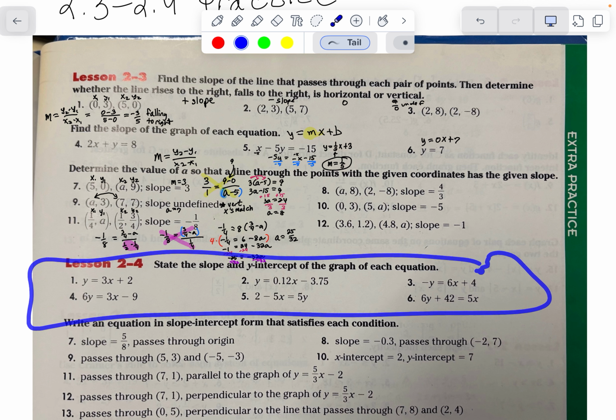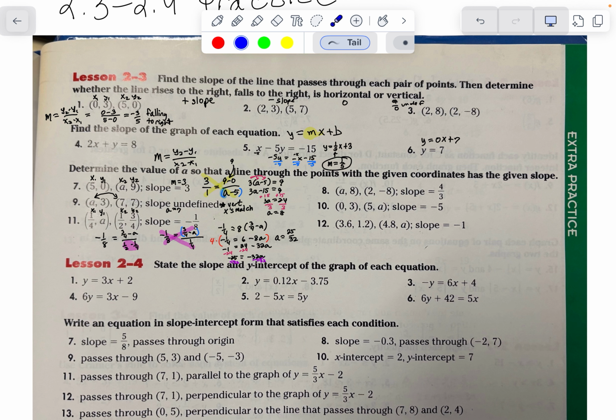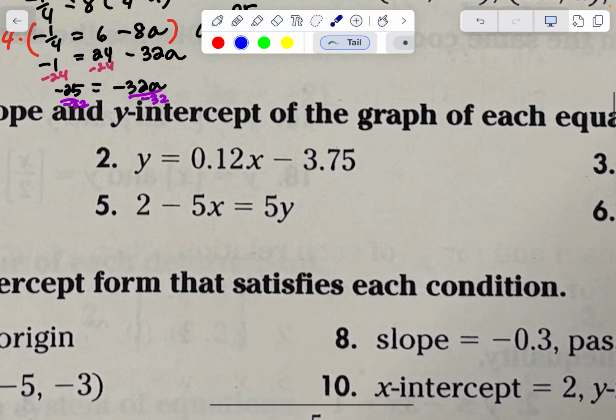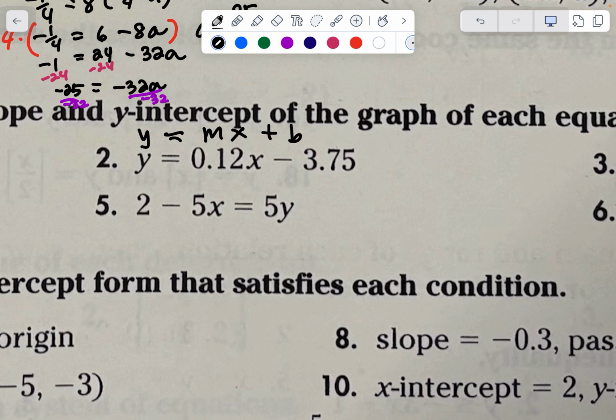So guys, I'm just going to do 2 and 5 in the middle here. I know that's weird, but here's why. The slope and y-intercept of a graph is very easy to see if it is in y equals mx plus b form, right? Because the m is showing, the b is showing, you've got everything you need.